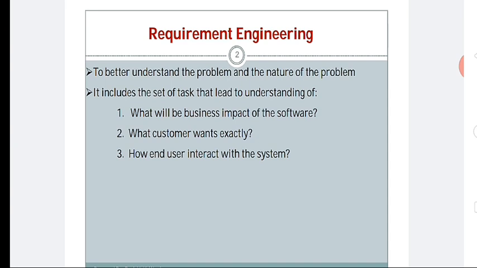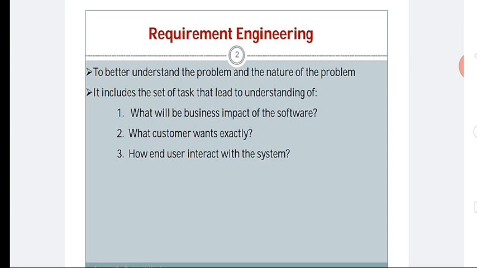First, to see the business impact of the software. Whenever we want to design a new kind of software, we first view it from the point of view of business. So the business impact of that software has to be analyzed.